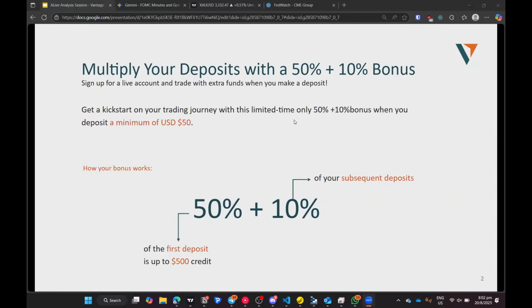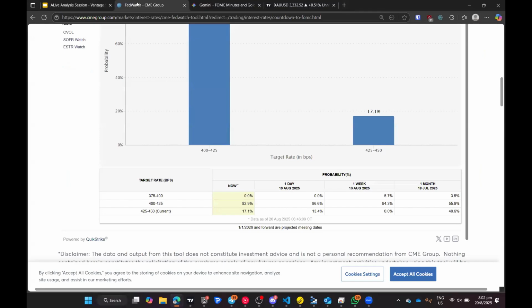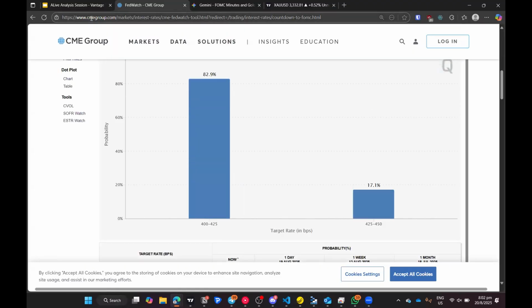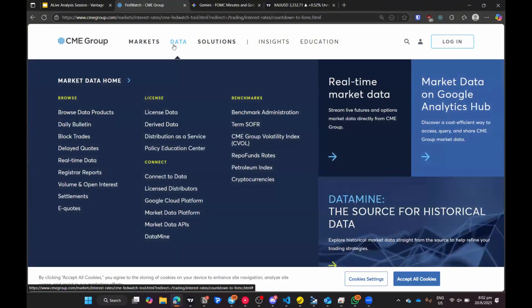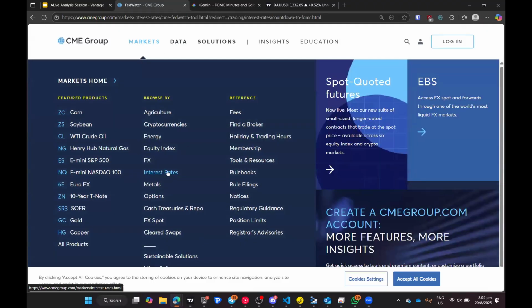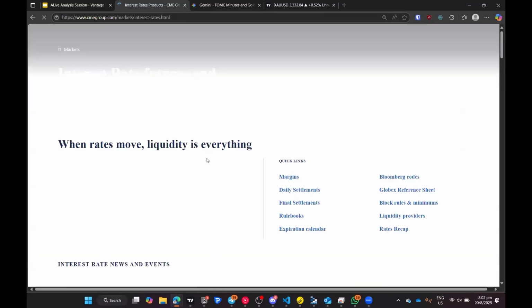And with that, we'll be looking at a few key things. So let's look at the FOMC FedWatch tool first. For those of you who are new, head over to cmegroup.com. Under data, under markets, you go to interest rates.